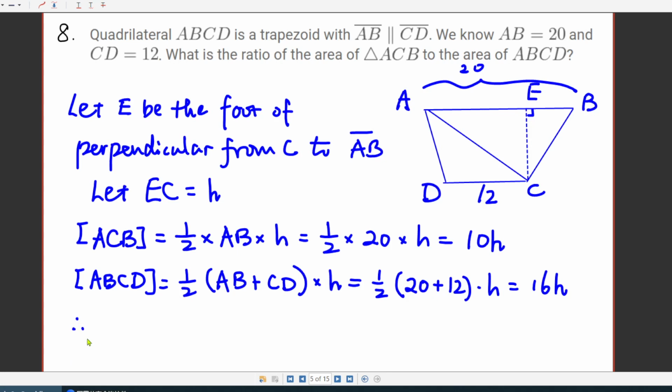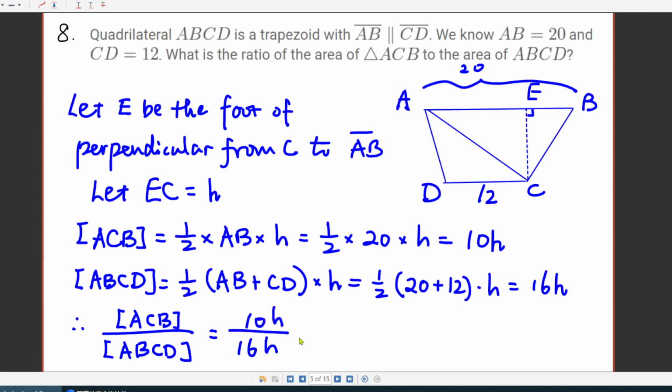Therefore, we know the ratio of the area of the triangle ACB to the area of the trapezoid ABCD is 10H over 16H, which is 5/8, right?